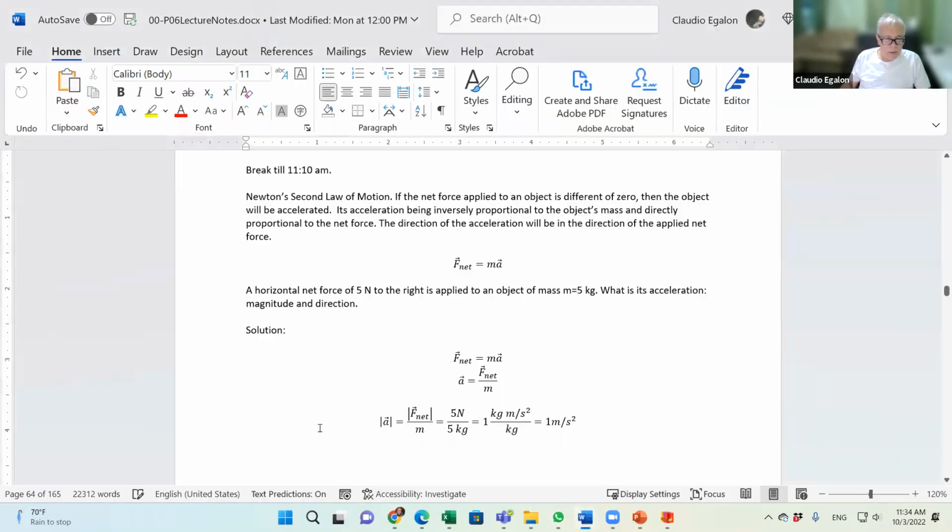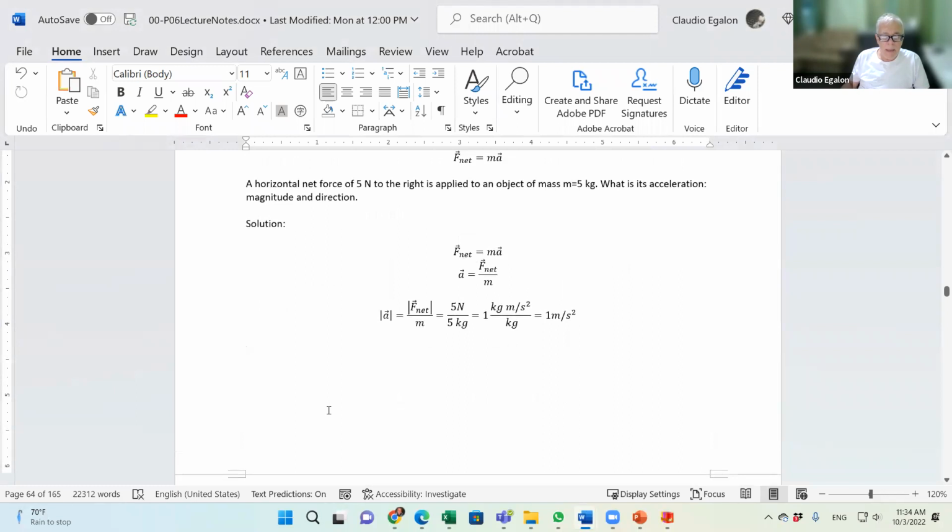Object at rest. Behavior of the frictional force, of the force of friction. Start this object at rest. No force applied. Okay.